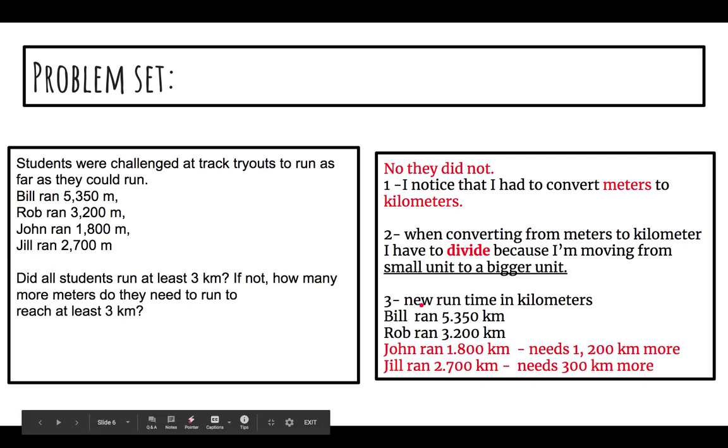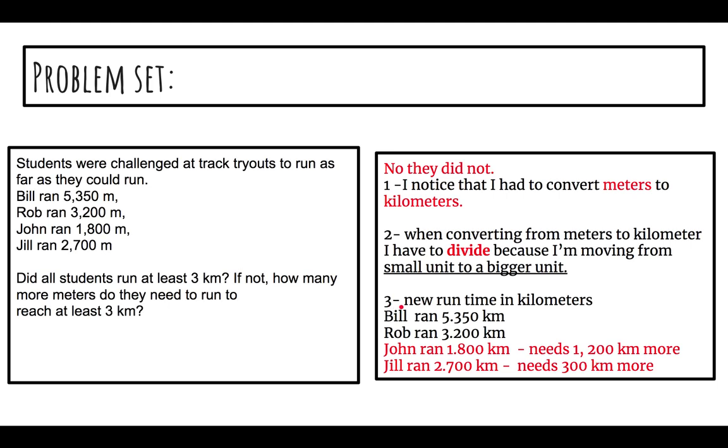Let's continue. Step number 3, I converted the times in meters to kilometers. So now I had to divide that by 1,000. I knew that I had to move this decimal 1, 2, 3. So now I see that Bill did run at least 3, and Rob also ran 3 kilometers.